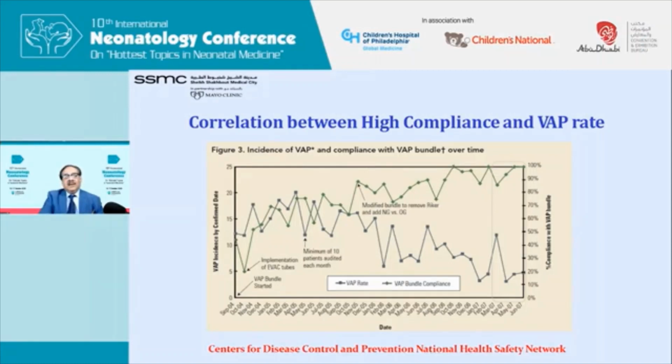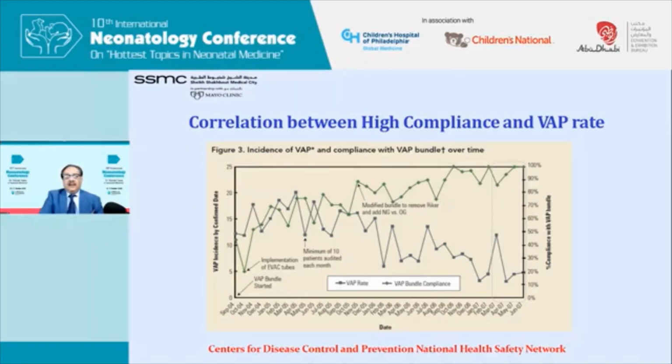So as you can see, forget about the variable, I will come to that, but as the use of the bundle increases, the incidence rate of the VAP is coming down. Of course, there are some spikes, but look at that. It is a very positive correlation between the two.